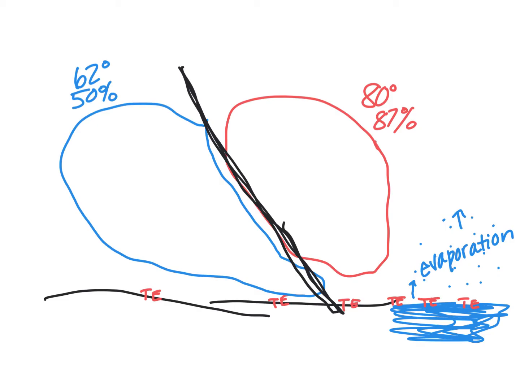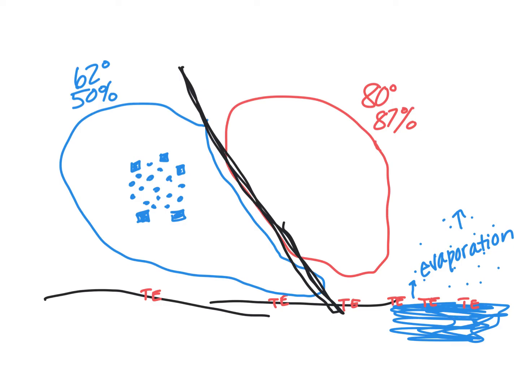Now, in general, we're going to draw some molecules in here, just as an example. Throughout this air mass, the molecules are closer together and they have a little bit of water vapor, and I'm going to draw squares for water vapor.